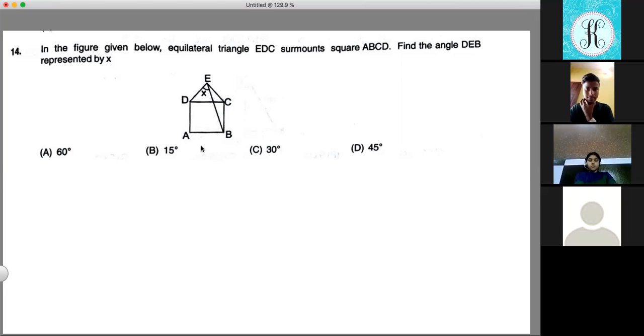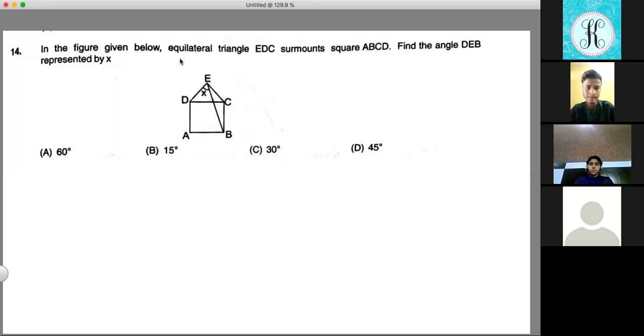You should focus on each and every part of your syllabus, not just the ones you're good in. Also focus on where you have problems, because you have a lot of time now on hand. Even if you don't understand something, you have enough time to do it from the beginning. So now let's continue with the revision of triangles.